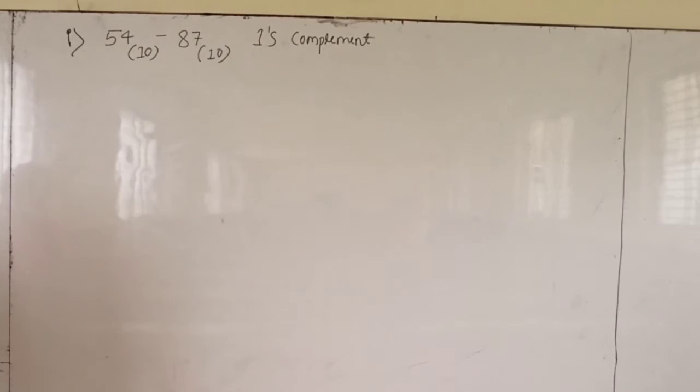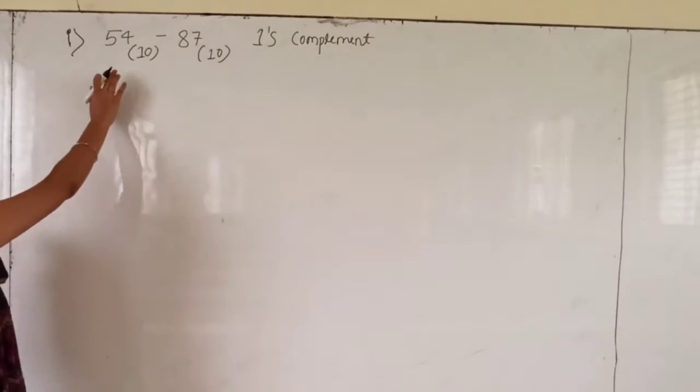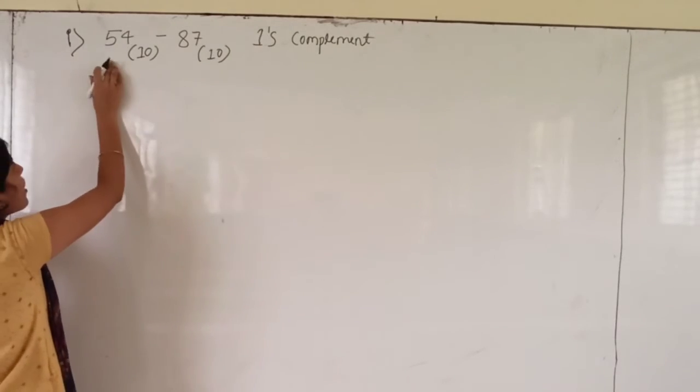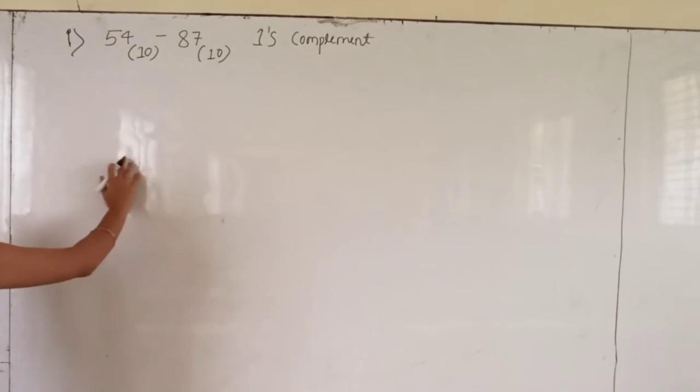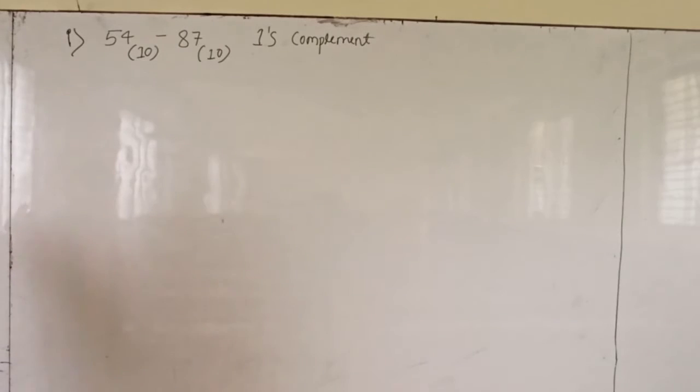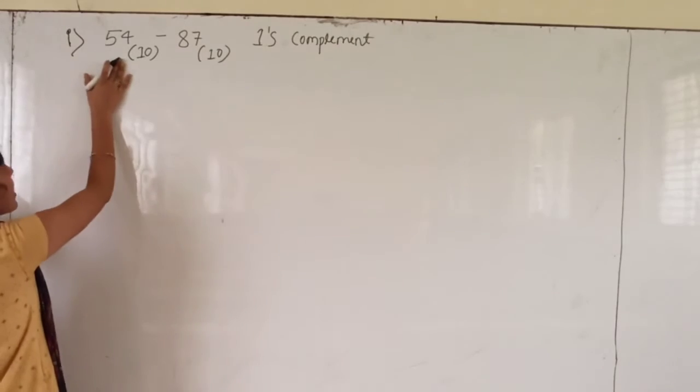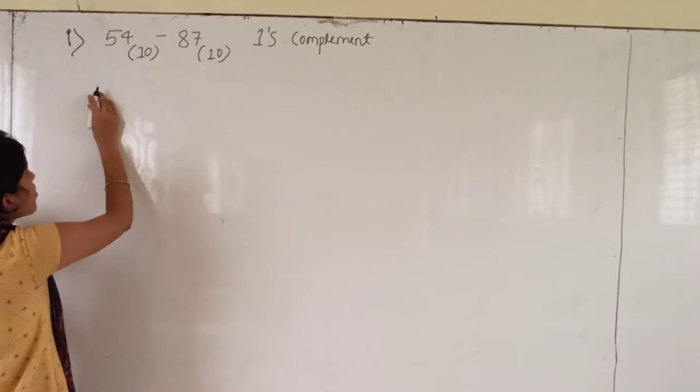First, this is a type of case 2, which means the minuend is less than the subtrahend. Here the subtrahend is greater than the minuend. Just write a binary equivalent for both.